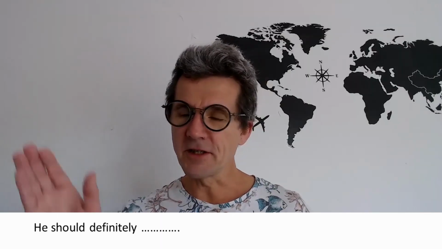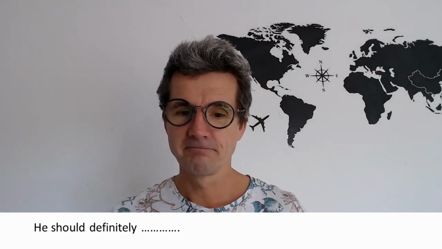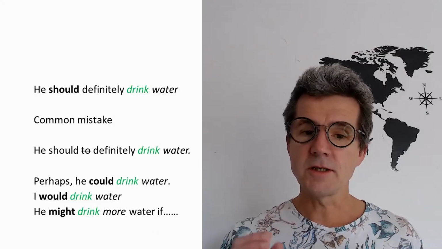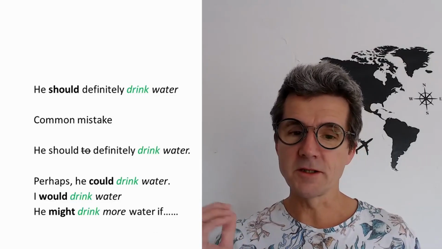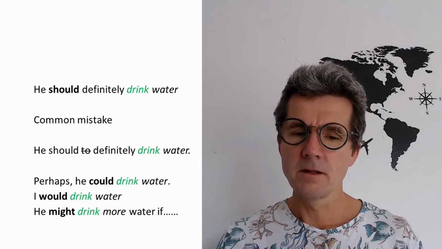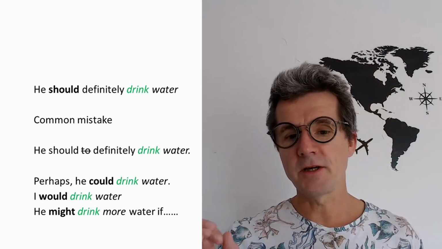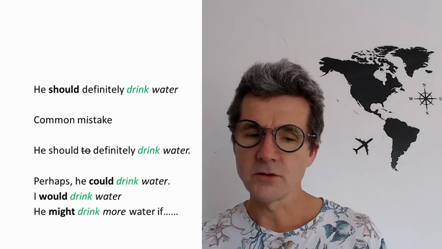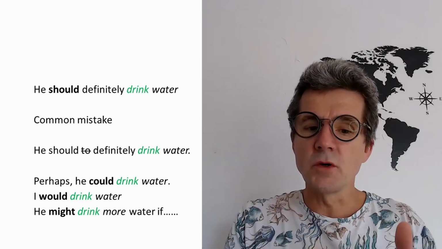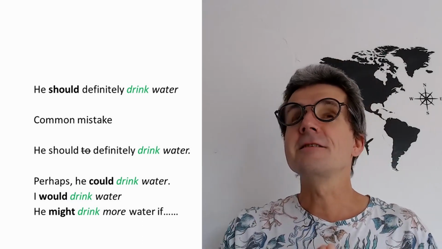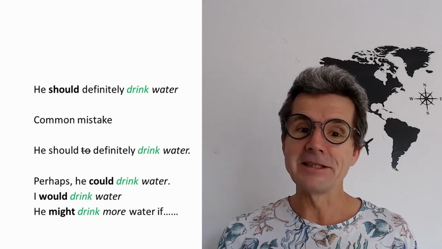He should definitely drink water. So it takes a type 1. A common mistake here: he should to definitely drink water. So a lot of people like to put a to after should. It doesn't exist in English.